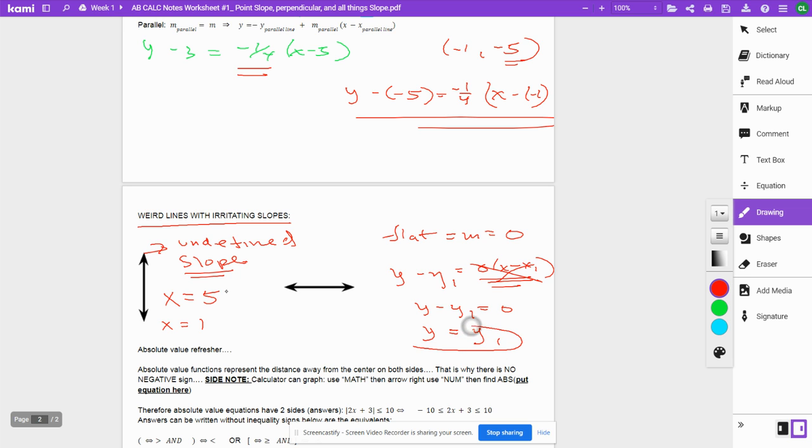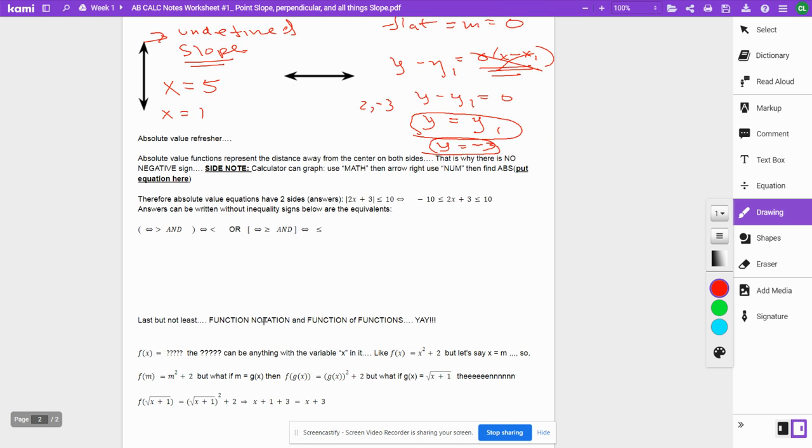Y equals 1. So let's say it was through the point 2 and negative 3. This equation right here would be y equals negative 3, because all the y values are negative 3 and our x value always changes. So it'd be like negative 1 and 3, 5 and negative 3. So that's how you deal with those.